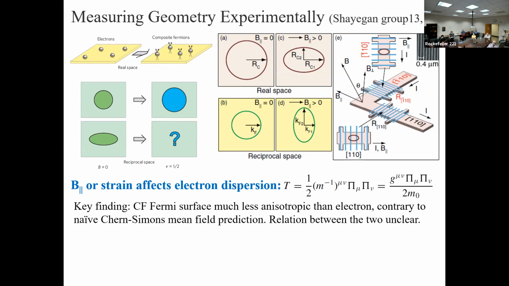And that would mislead you to think they should have exactly the same anisotropy. People have indeed written papers making that prediction, which turned out not to be the case, as Harsh anticipated.